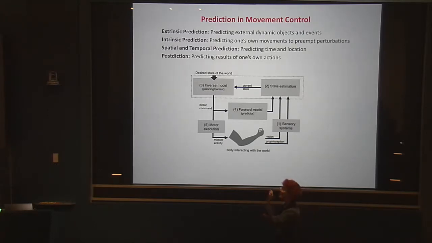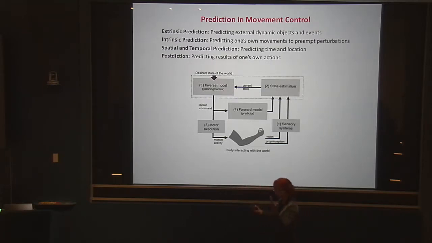But there is more than this extrinsic prediction. There is also intrinsic prediction that is part and parcel of all the movements that we do. This is exemplified in this diagram, but let me just summarize this briefly. We are a multi-segmented body. When I move my hands, in particular when I move them quickly and the rest of my body does nothing, I perturb myself and I will fall back.